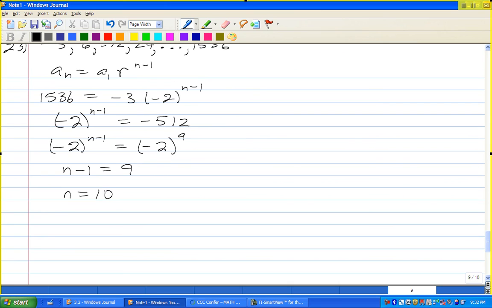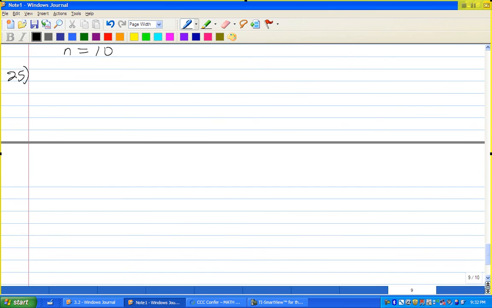So 25. In exercises 25 through 28, draw the graph of the given geometric sequence. So negative 2, 2, negative 2, 2, negative 2. Okay, so let me graph this.